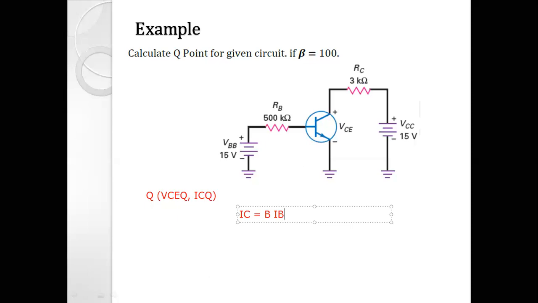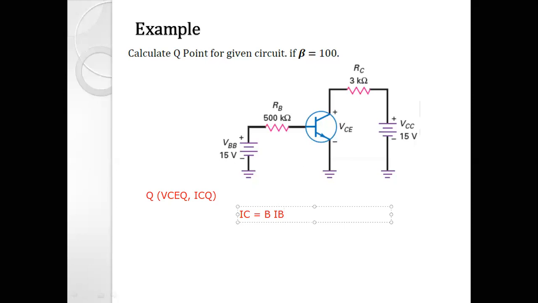Beta times IB. That means I am following the reverse process. If I want to find IC, then what do I need? I need the value of beta and the magnitude of the base current. Beta is straight away given in the statement, which is 100.